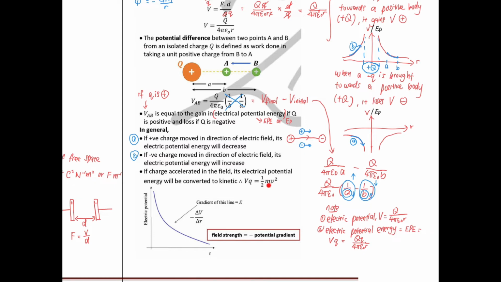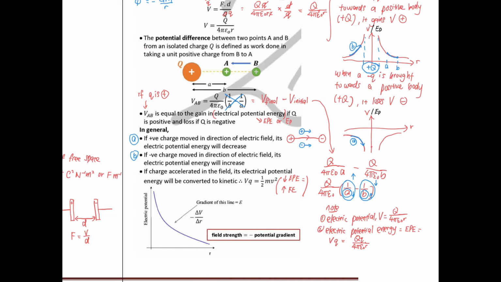So we better put it this way: there will be a decrease in EPE, which causes the increase in kinetic energy. So the decrease in EPE is equal to the increase in kinetic energy.